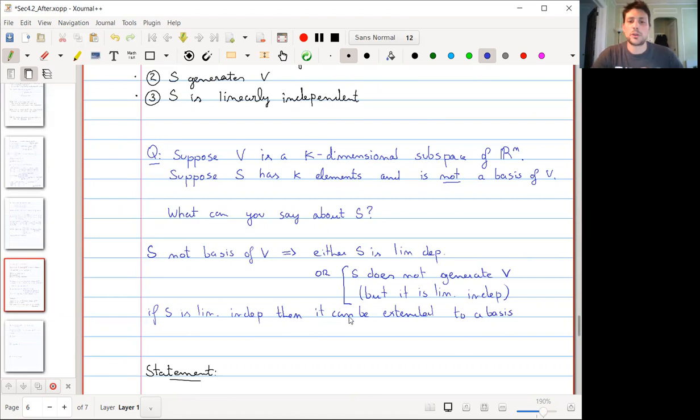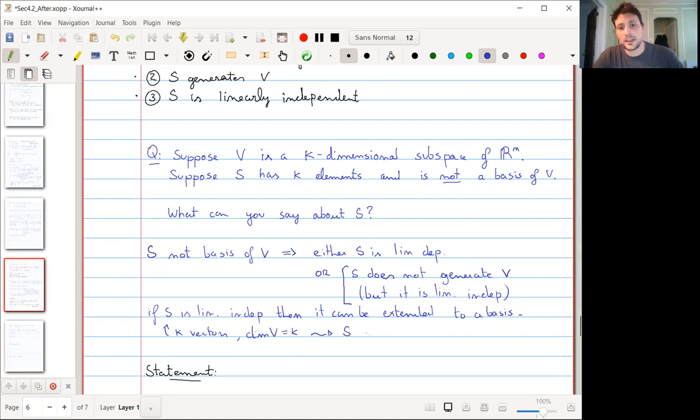I believe this was property 2 in the previous video. However, this is a problem because S has k vectors in it, and the dimension of V is equal to k. So this cannot be. There is no way that we can extend S to a basis because that basis will have more vectors than the dimension of V.